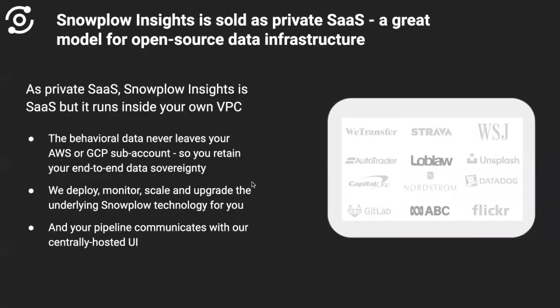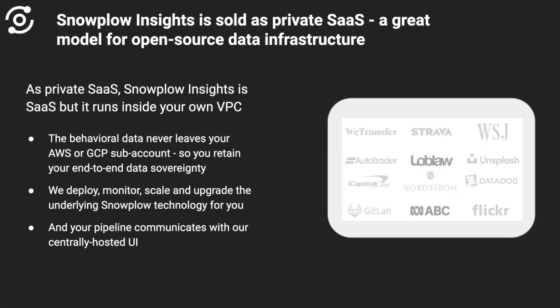Another interesting thing about Snowplow Insights is that it's sold as private SaaS. Don't worry, I'll explain what private SaaS is, but I think it's a great model for open source data infrastructure. Fundamentally, private SaaS is software as a service. Snowplow Insights is sold as a software as a service offering, but it runs behind your firewall inside your own VPC. This is really important.